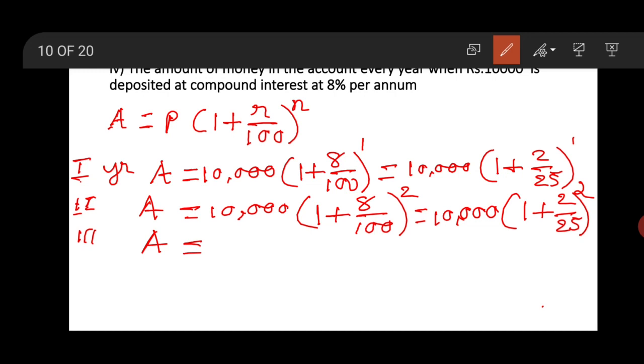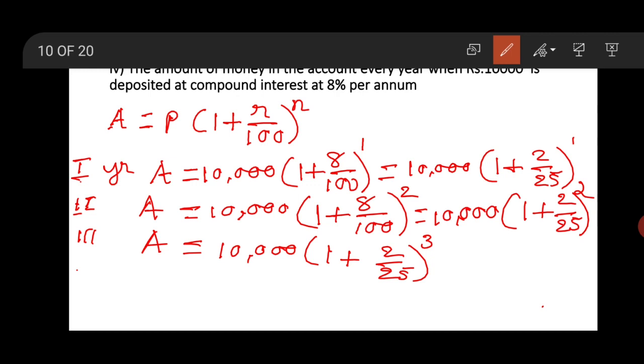I can write it directly, right? Can you guess? Yes, 10,000 into (1 plus 2 divided by 25) whole cube. For the fourth year, the net amount is 10,000 into (1 plus 2 divided by 25) whole power 4.